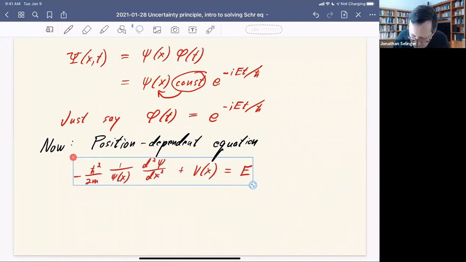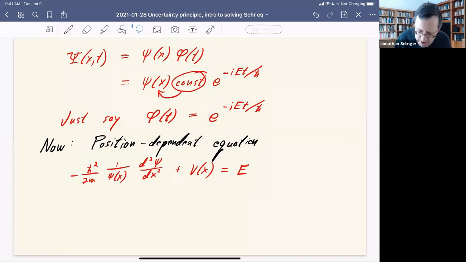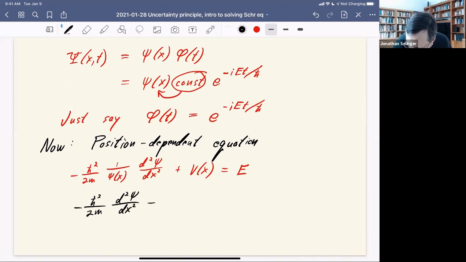Okay, so we have this equation to solve, and we can now multiply both sides by the psi of x function. Okay? So we get minus h bar squared over 2m, this second derivative of psi with respect to x, plus V of x psi of x, is equal to E times psi of x.